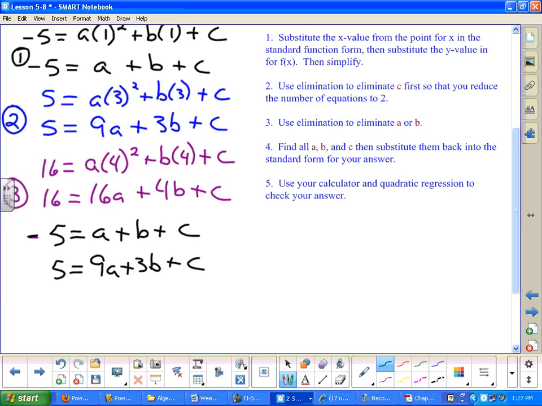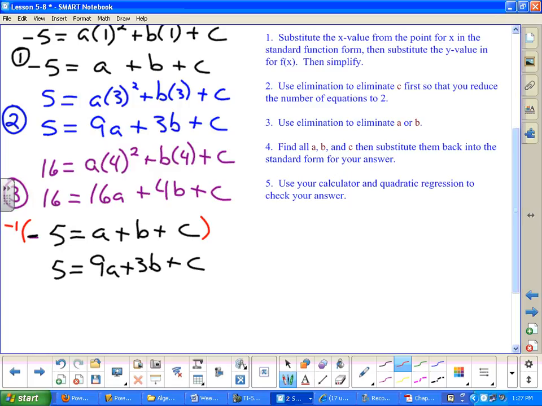And if you remember the work we did with elimination, if I want to eliminate the value of c, that means that one of them has to be positive, one has to be negative, right?